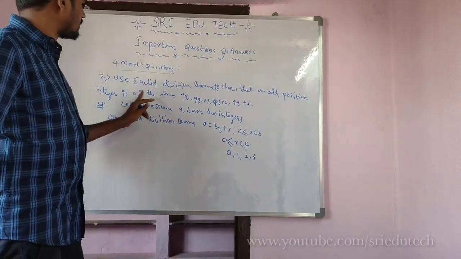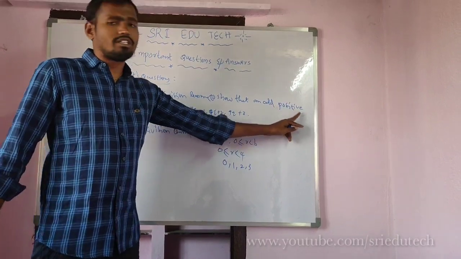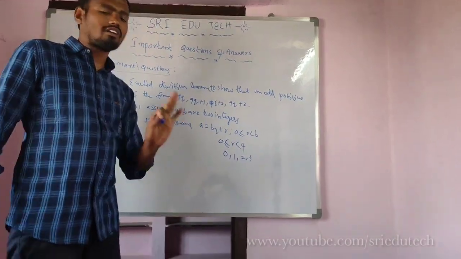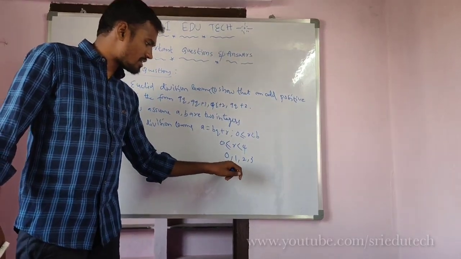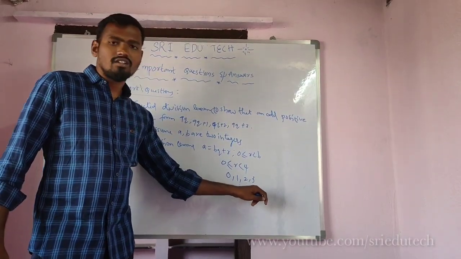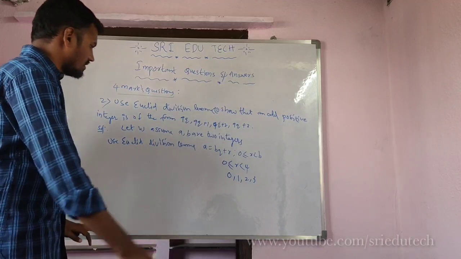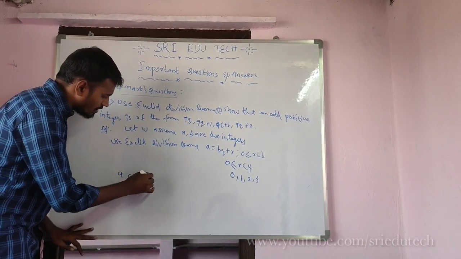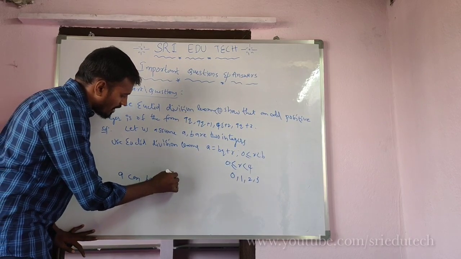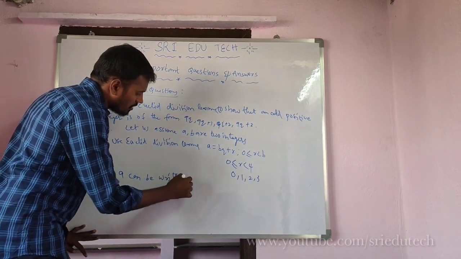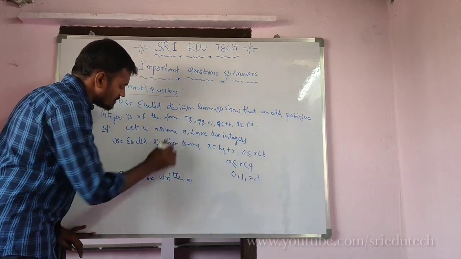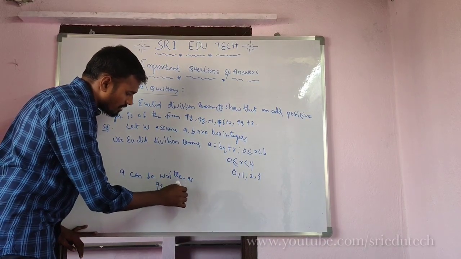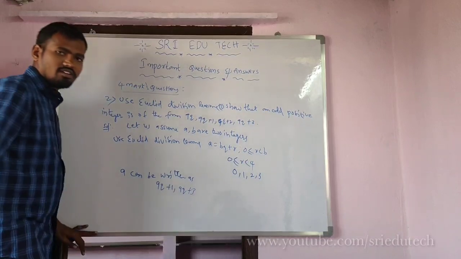What is given? An odd positive integer is given. So from this you have to write only odd numbers. What are odd numbers? This 1 and 3 are the odd numbers. Right? See, A can be written as what? 9q plus 1, 9q plus 3.